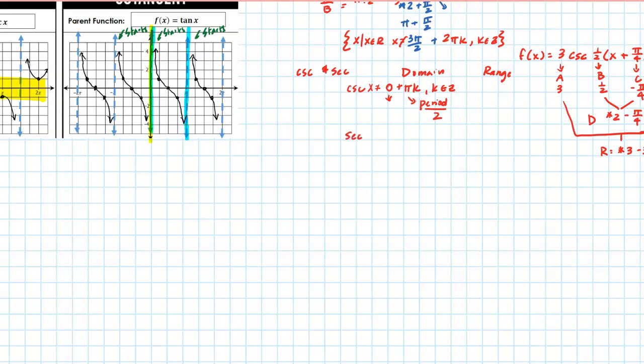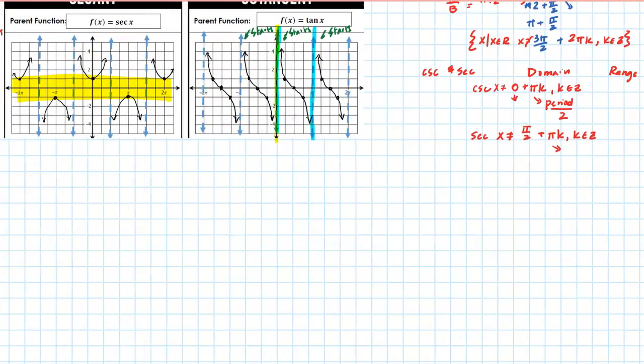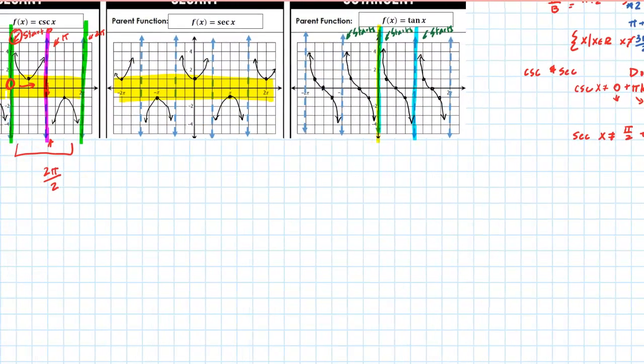And for secant, the same thing. X cannot be pi halves plus pi k, where k is an element of integers. Here too, if you look at secant, here is pi over 2, but from here to here are my periods.